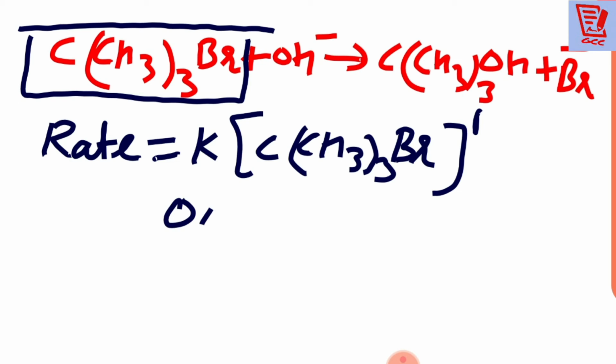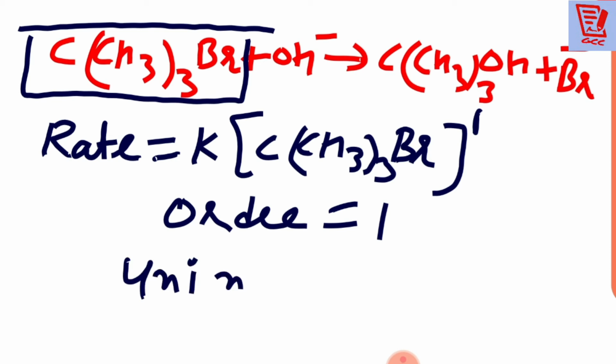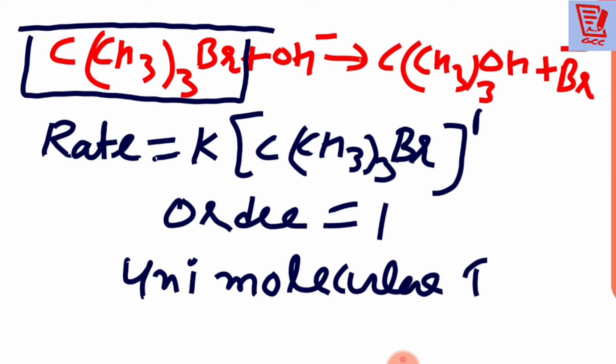The order of the reaction is 1. Therefore, this is called a unimolecular reaction. Understood?